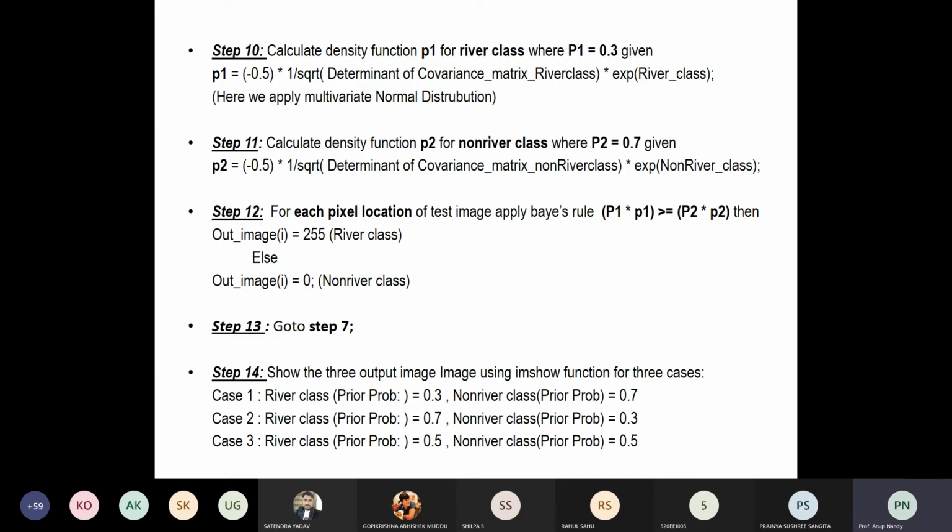Initially, if you make a loop from I equal to 1 over 512 into 512, you need to transform it into 512 into 512.